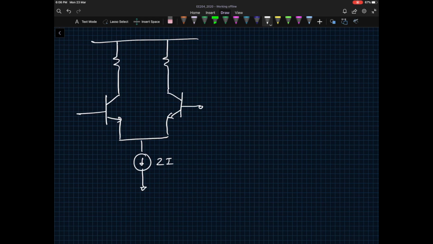Okay, so in this particular case we would have VCM, and on top of that I'm going to apply VDM divided by 2, and here I'm going to apply minus VDM divided by 2. Then let me add other information, RC, VCC, and this is your VON and VOP.